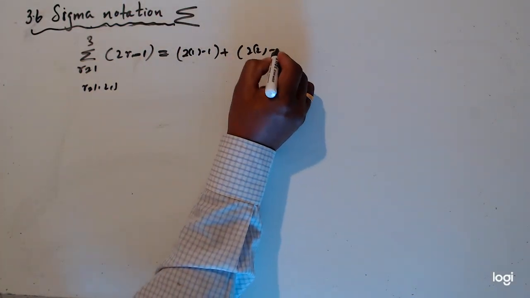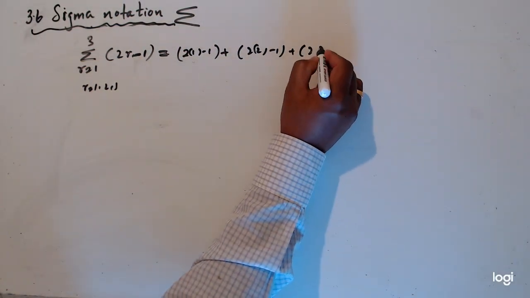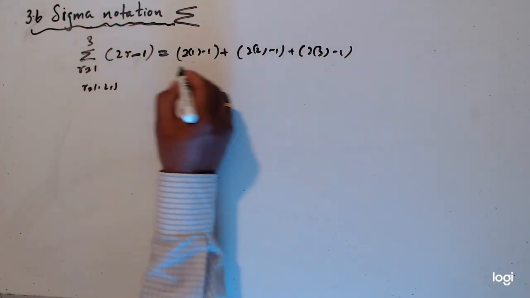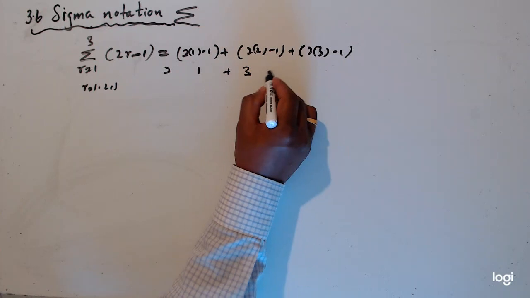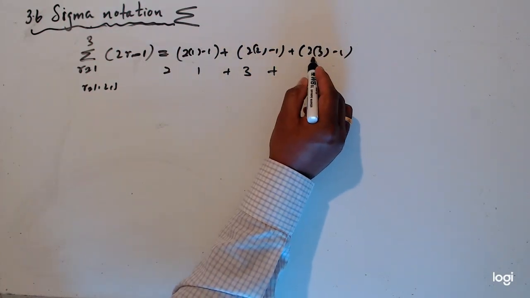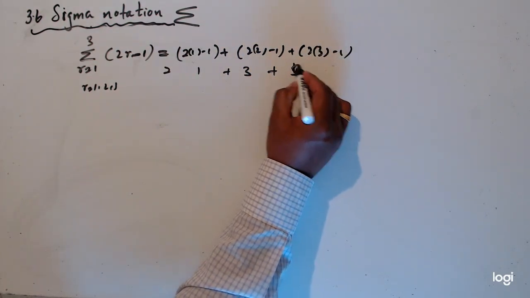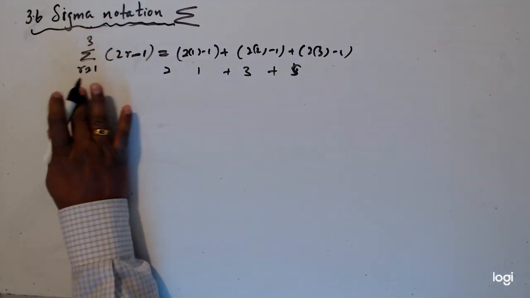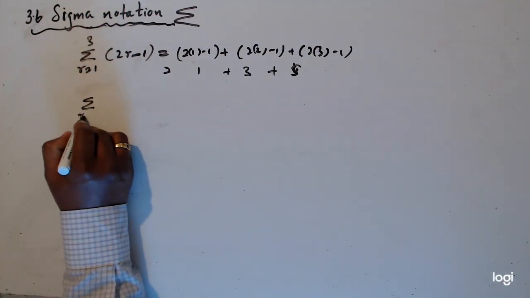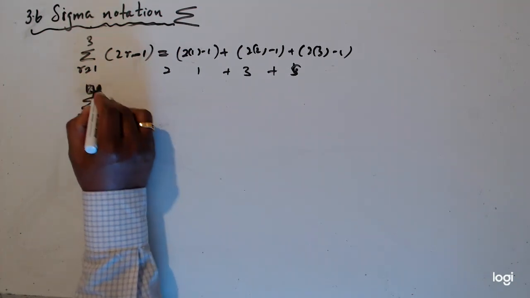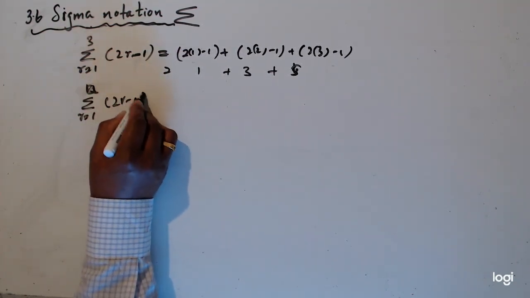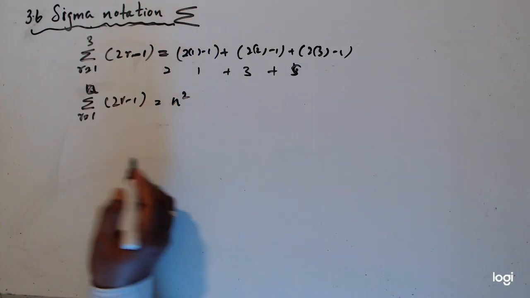So 2 times 2 minus 1 and 2 times 3 minus 1. So this is 1, this is 4 minus 1, 3, and this is 2 times 3 minus 1, 5. In this term we discuss r equal 1 to 3, 1 to n, up to the nth term: the sum of 2r minus 1 is n squared.